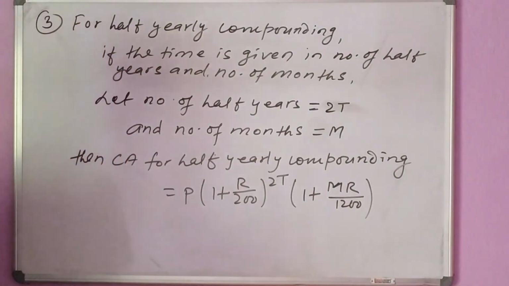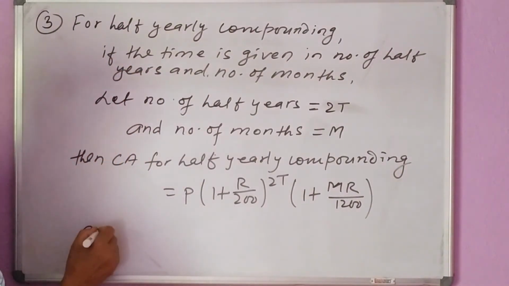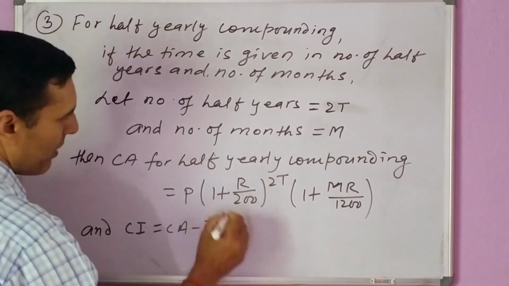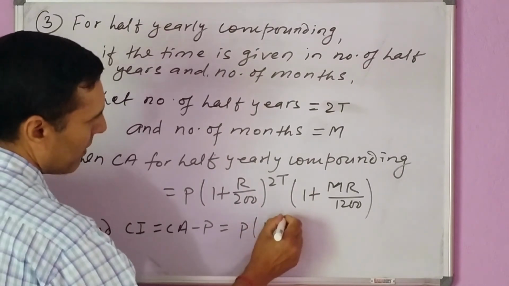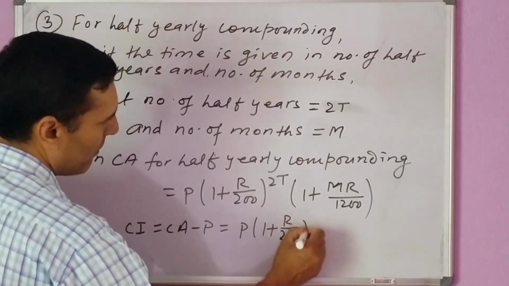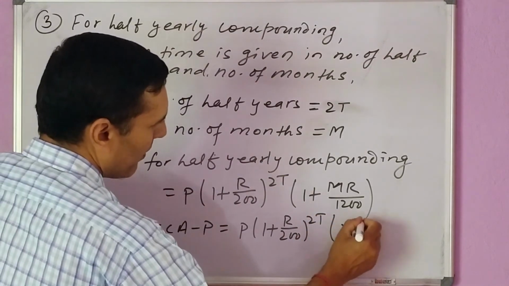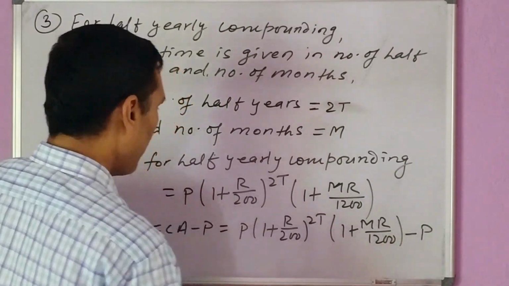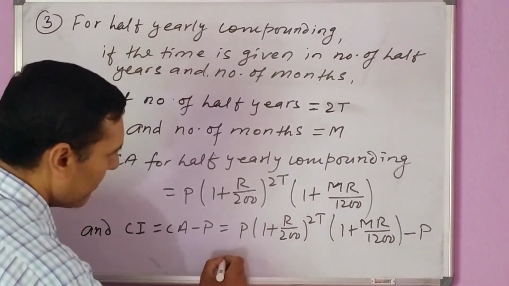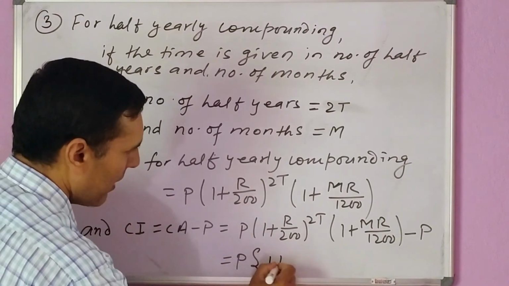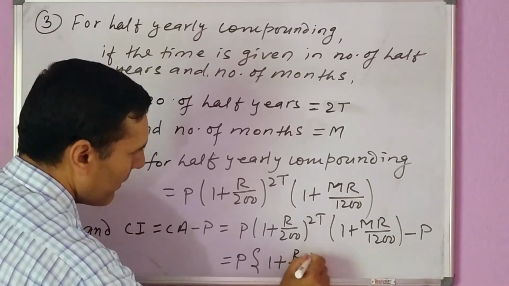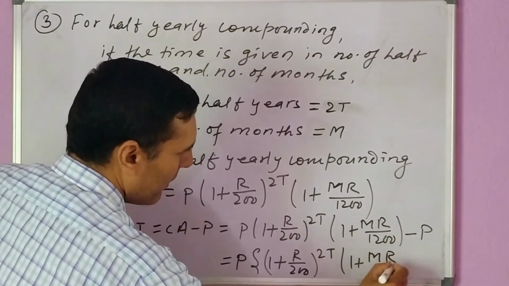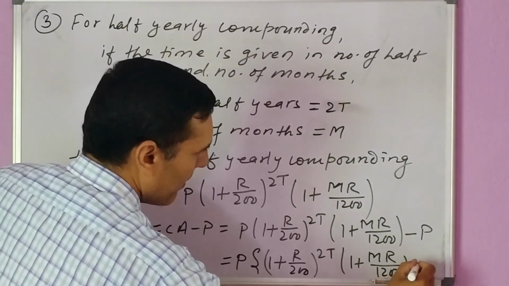Now after having CA, compound interest CI is equal to CA minus P. CA is P(1 plus R upon 200) to the power 2t times (1 plus mR upon 1200) minus P. If you take P common here, P times [(1 plus R upon 200) to the power 2t times (1 plus mR upon 1200) minus 1].